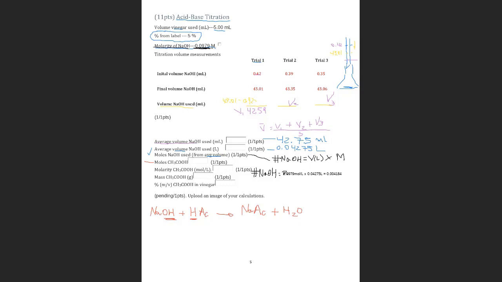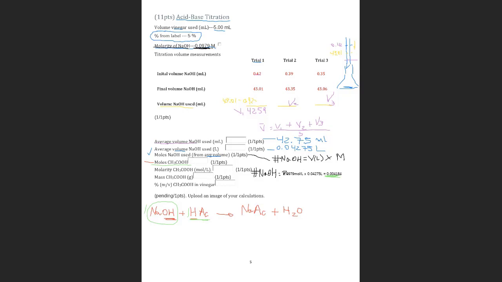We know how many moles of sodium hydroxide we used in the titration, and that is this number that I wrote here, 0.04. And how do we relate it to the number of moles of acetic acid? The molar ratio is 1 to 1, which means the number of moles of acetic acid is going to be the same as the number of moles of sodium hydroxide.